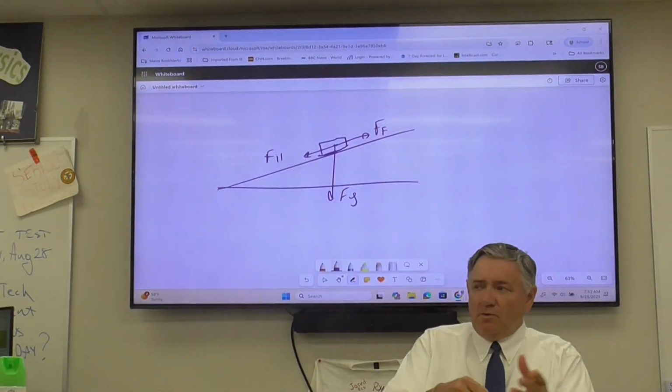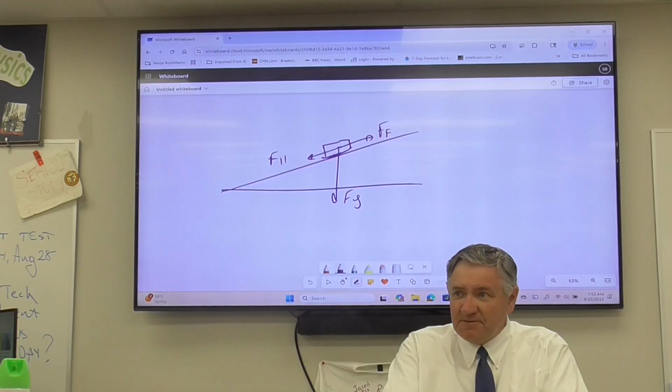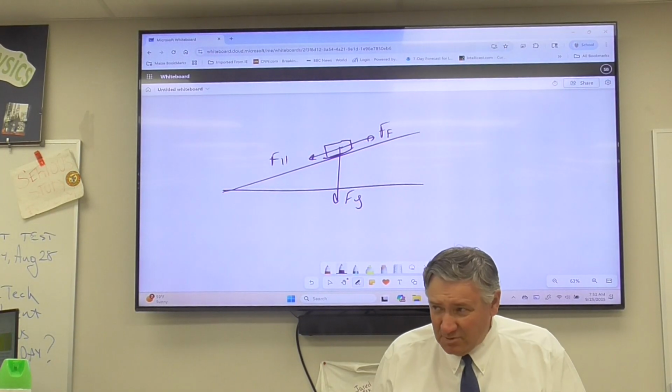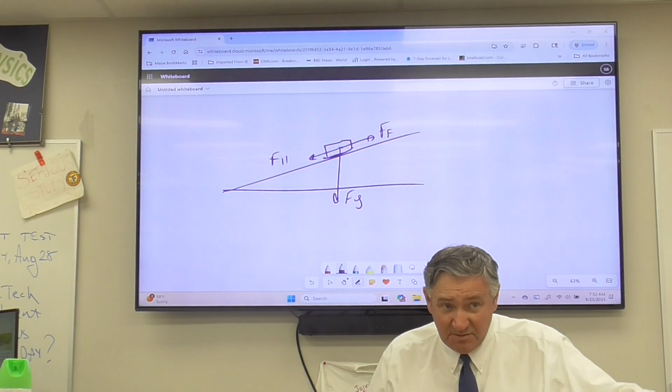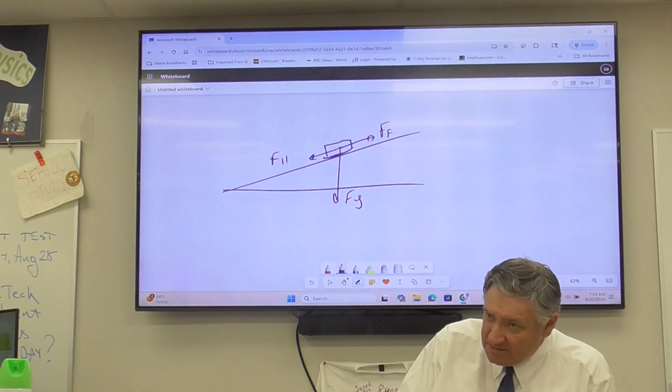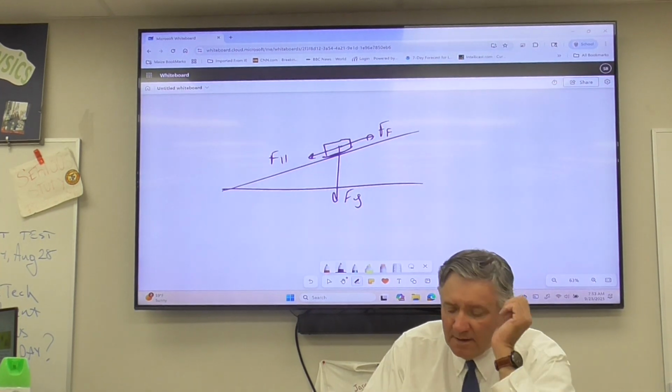It's just like you did when you pulled the blocks. Remember you had the blocks, and you increased the force until it just began to move, and that force that you applied was the frictional force. Same thing is going to happen here.